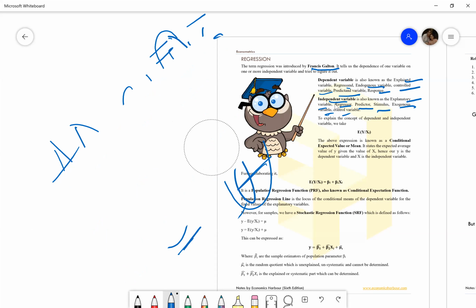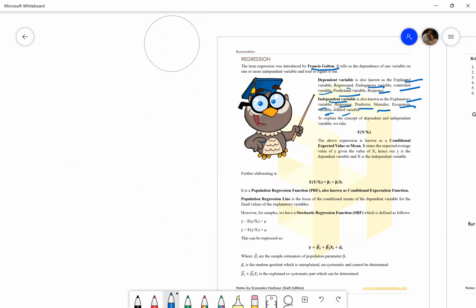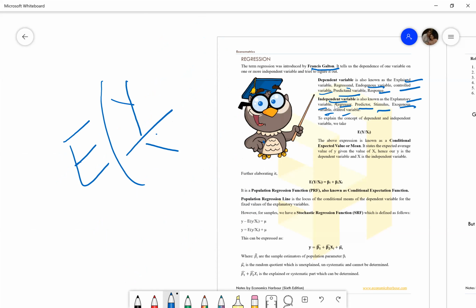So when we have to explain this concept in econometrics, we always say the expected value of your dependent variable Y with respect to independent variable Xi.